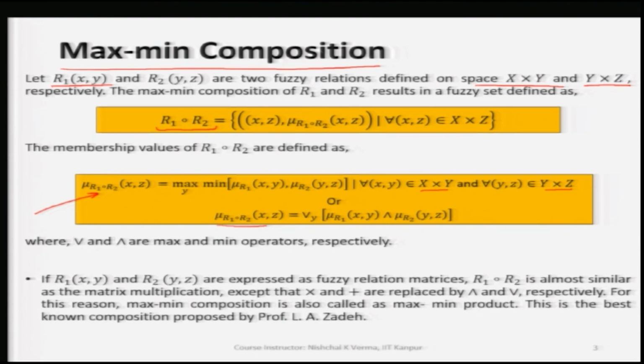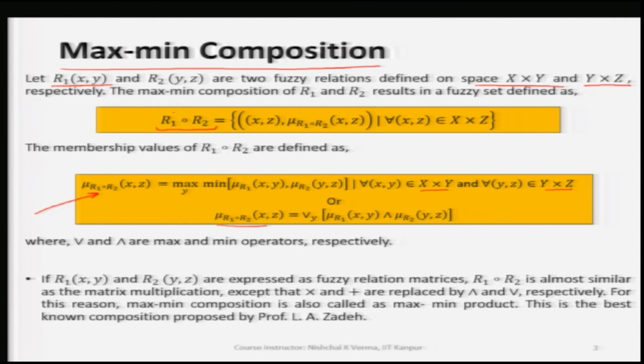If we are interested in finding the relation set between R1 and R2, like a new fuzzy set which is defined in X and Z only, this max min composition helps us.